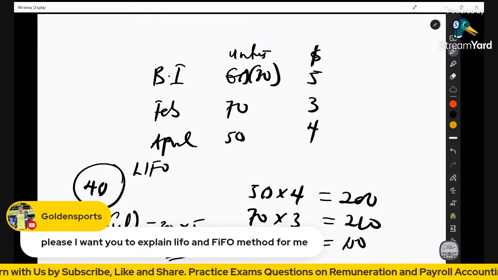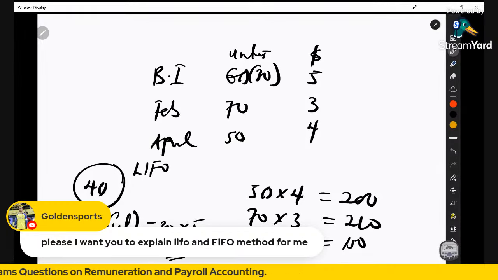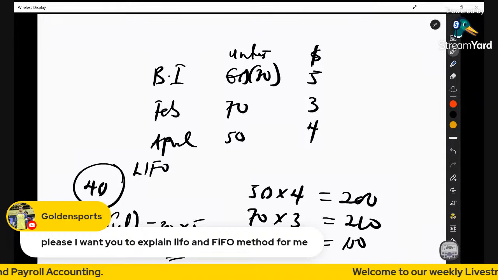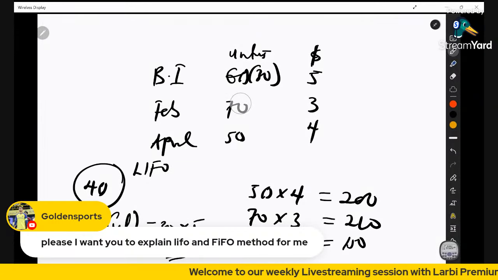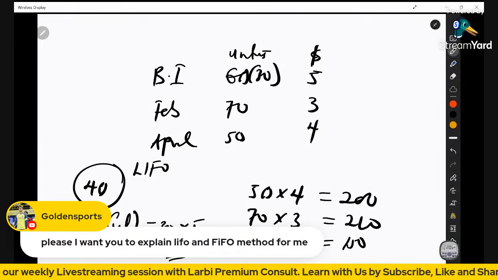That is the same as the 40. You can also ask what is the value of the ending inventory coming from, let's say, February. Do you have any ending inventory coming from February? That is a big no, so that is zero. These are the ways the examiner can ask the question. So that is the LIFO method.